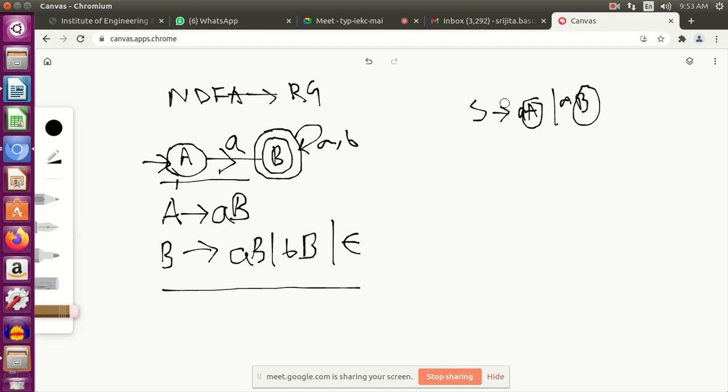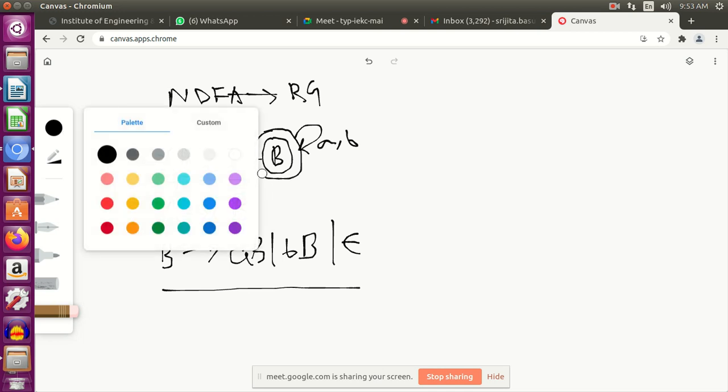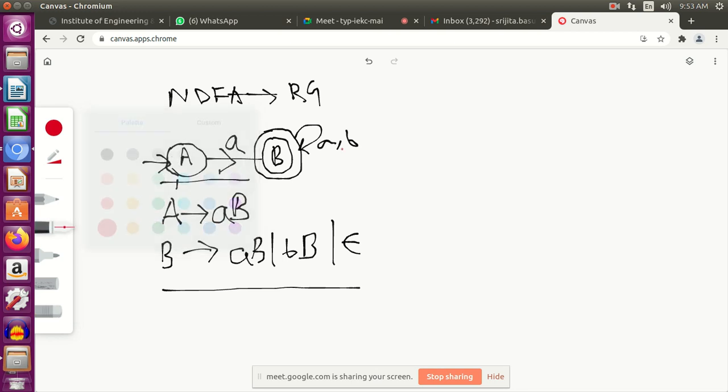But if you are asked to convert this into a left linear grammar, on the contrary, if in the question it is specifically mentioned that you need to find the left linear grammar for this NFA, now what is the process? Now someone might say, ma'am, what if I just reverse the grammar? Let's try reversing the grammar.